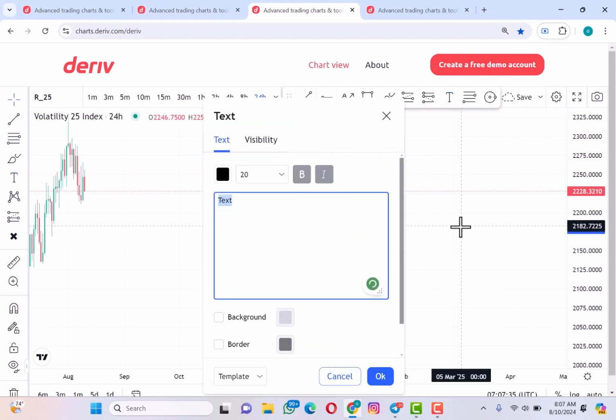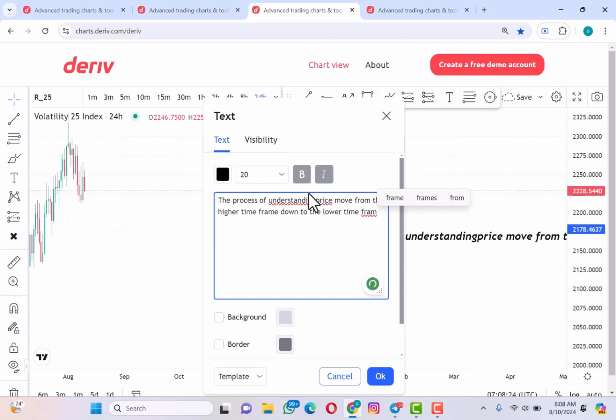Top-down analysis simply means your ability, or the process of understanding price movement from the higher time frame down to the lower time frame.